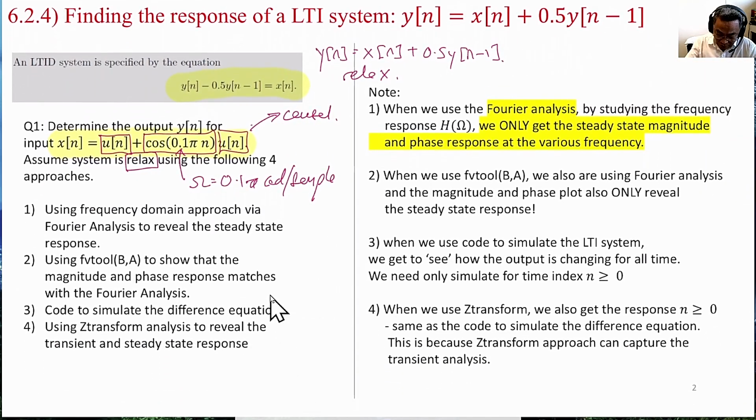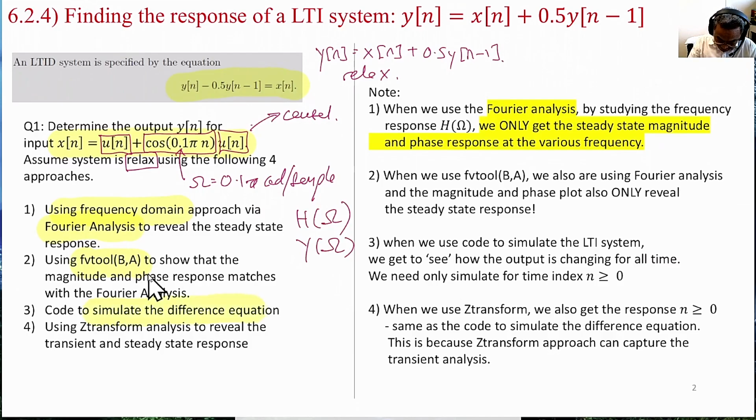Now we're going to use all these four approaches. Using the frequency domain through Fourier analysis, basically we're going to calculate H(ω), and using H(ω) we're going to find Y(ω), and then we can find y[n]. That's the idea. The other thing is we are going to use the MATLAB FV2, which we have also done in the Z-transform.